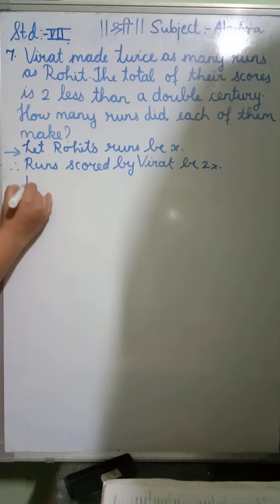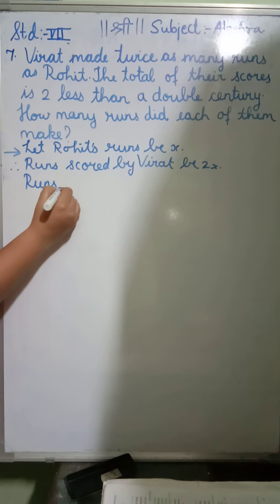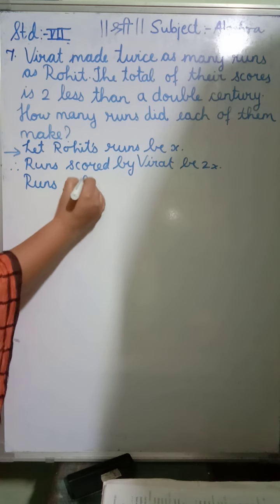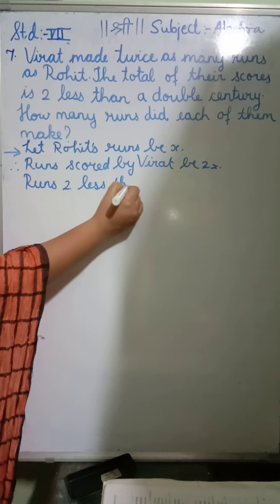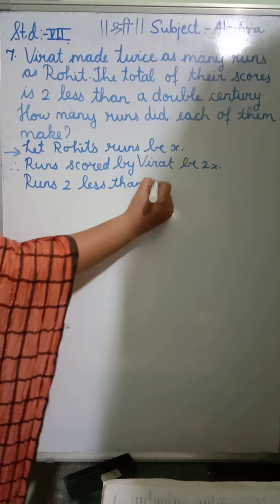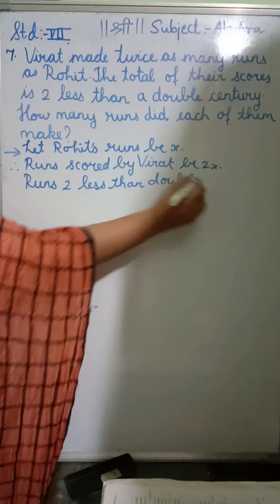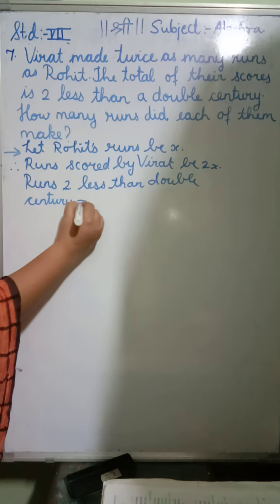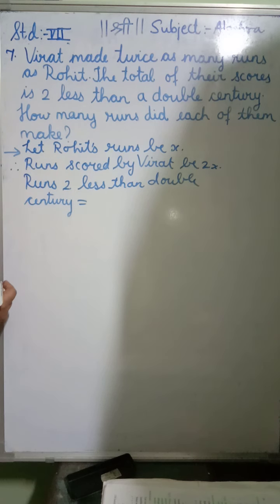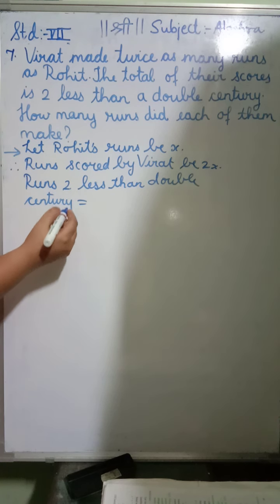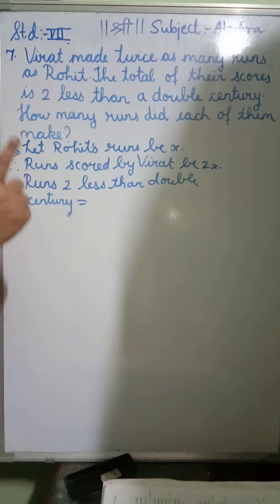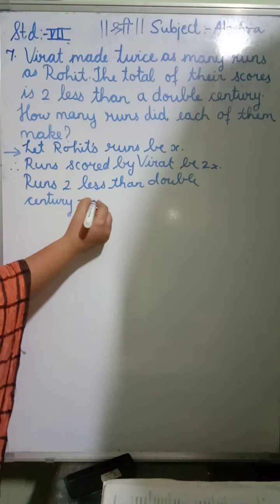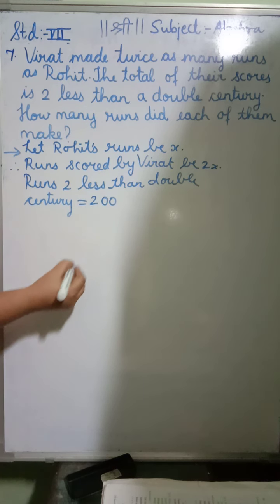Okay. So runs 2 less than double century equals, double century means how much, children? 1 century means 100. Then double century means 200.